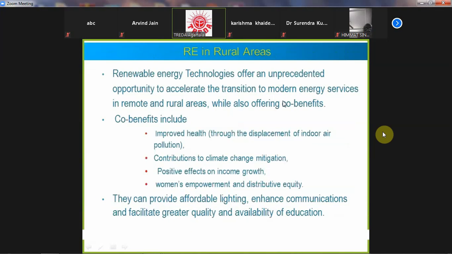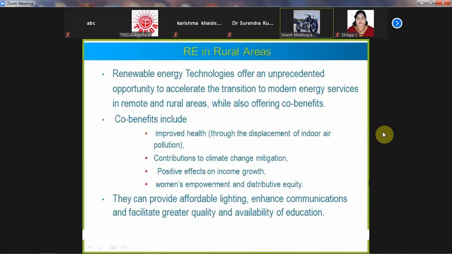And renewable energy in rural areas offers an unprecedented opportunity to accelerate the transition of modern energy to remote rural areas, and offers various benefits.